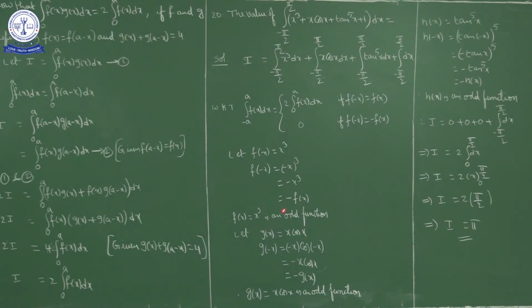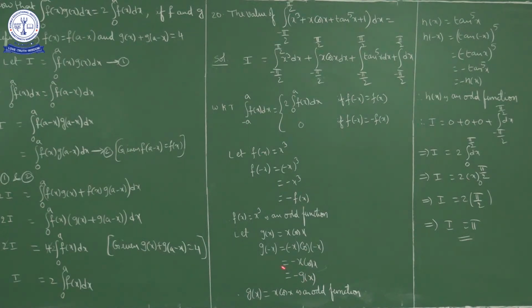Okay, next function, what is g of x? The next function is x cos x. So let g of x equal x cos x. g of minus x, in place of x if you write minus x, is minus x into cos of minus x. Now we know cos is an even function, cos of minus x is cos x only. So this product is minus x cos x, which is minus g of x.